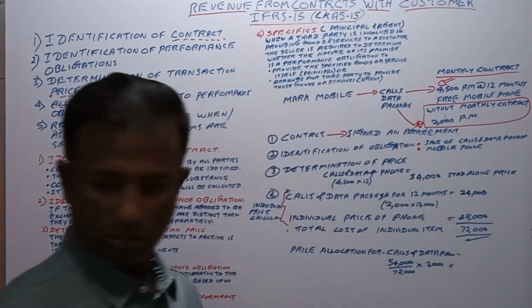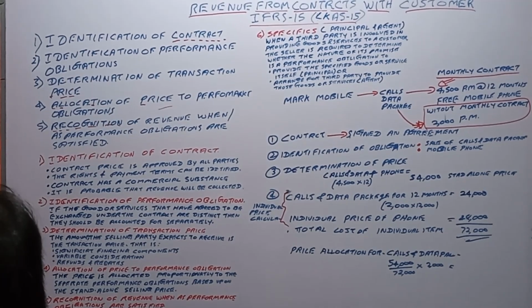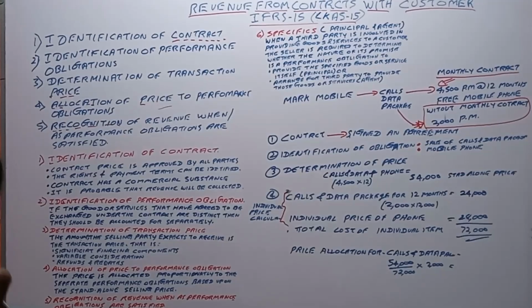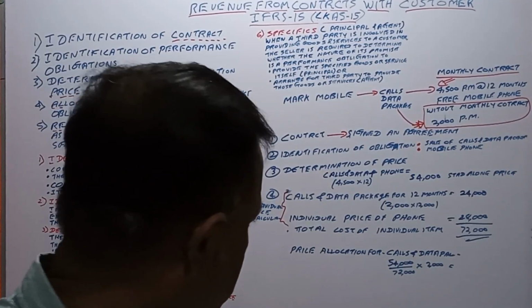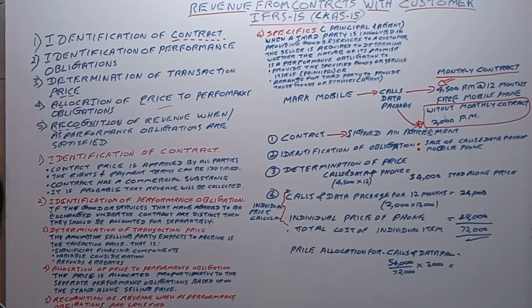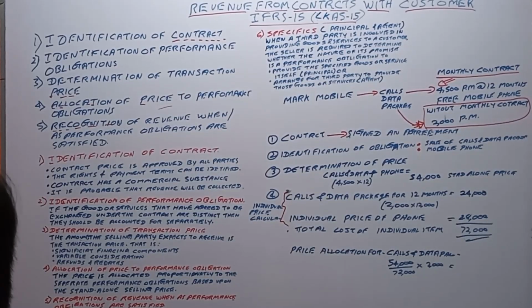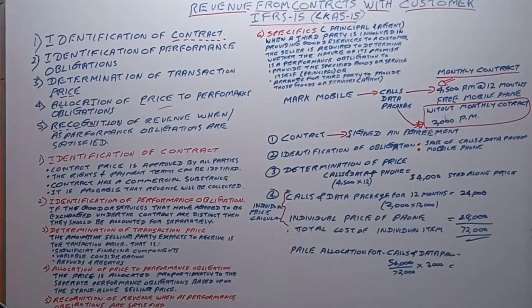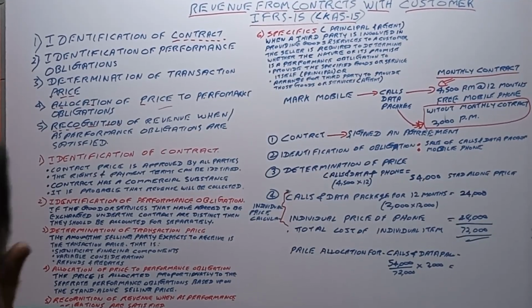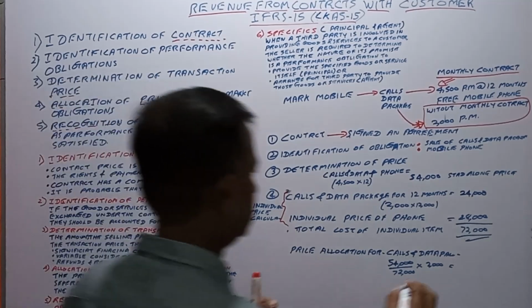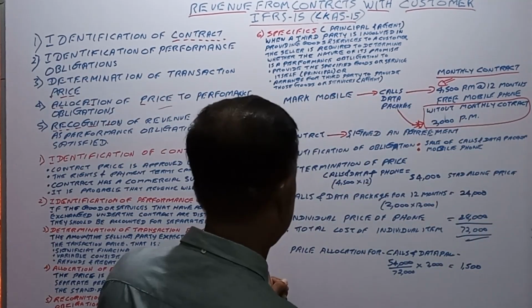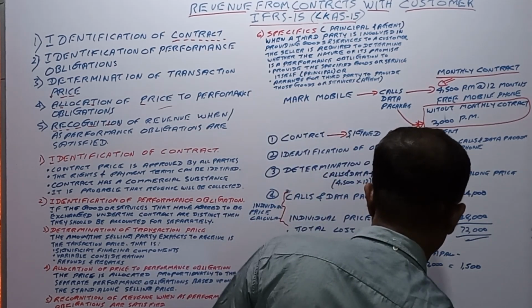That gives 18,000. Then phones: 54,000 divided by 72,000 into 48,000.